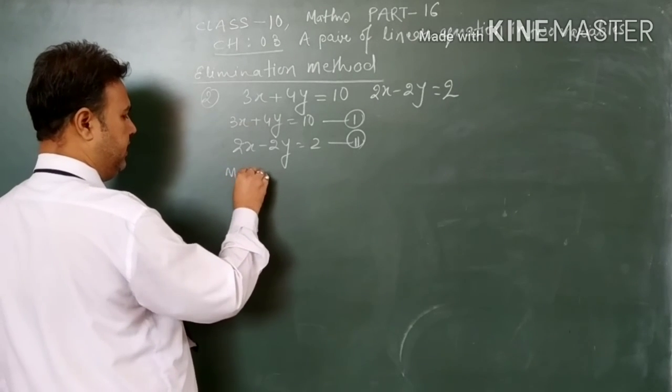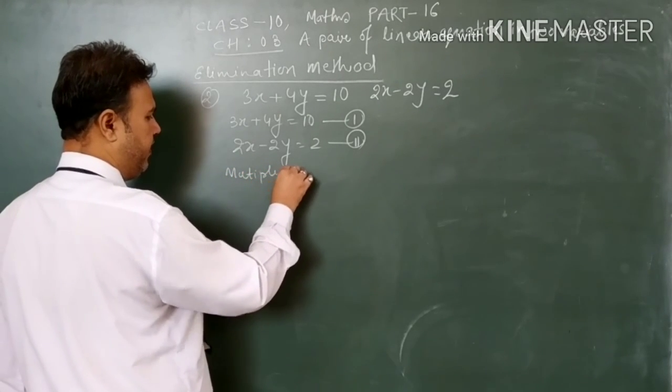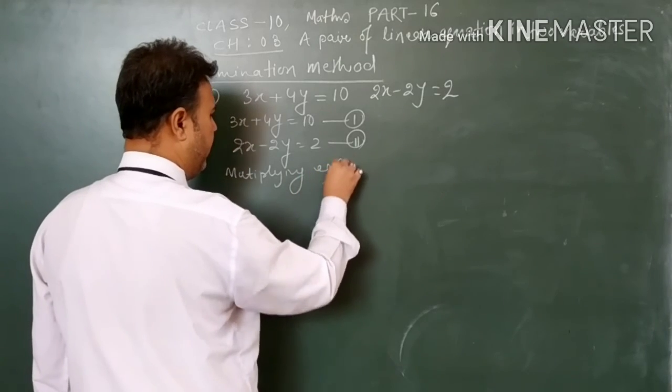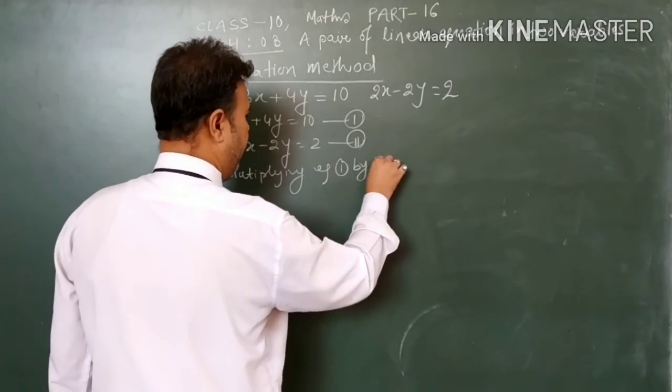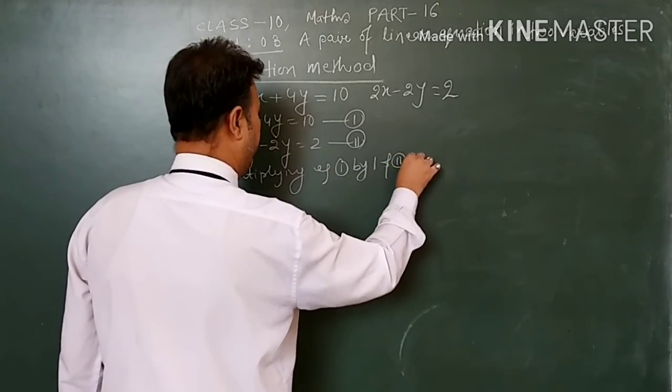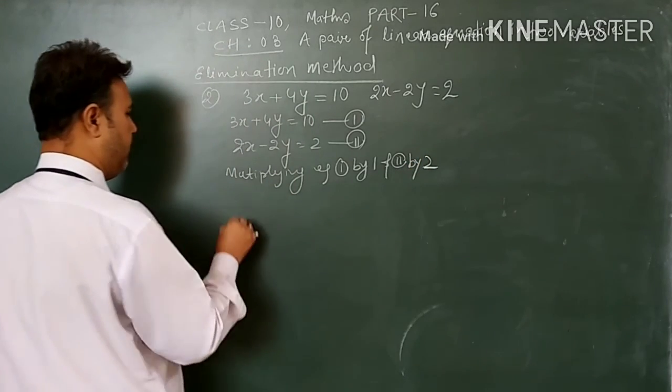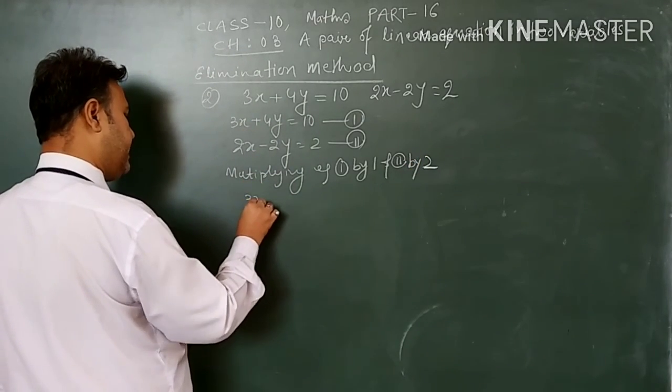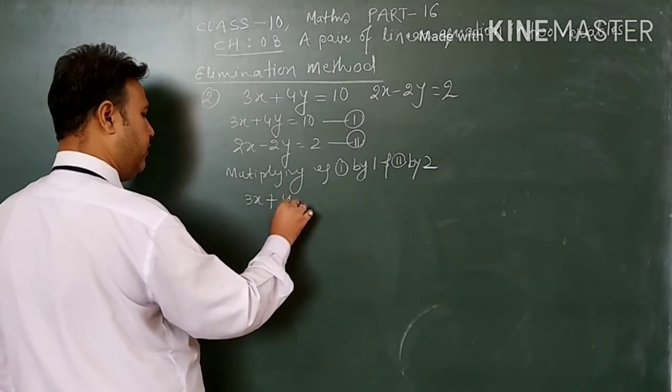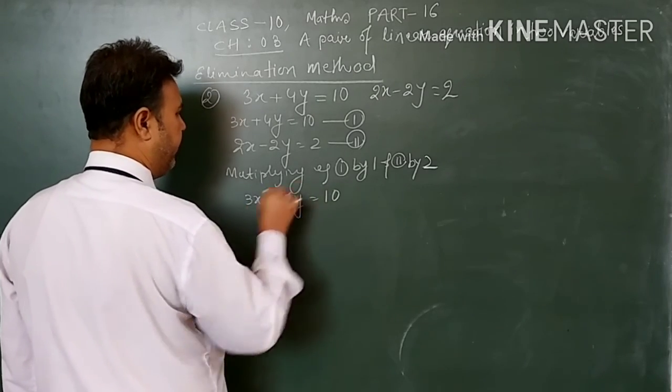Multiplying equation 1 by 1 and equation 2 by 2. 1 into 3x plus 4y equal to 10.